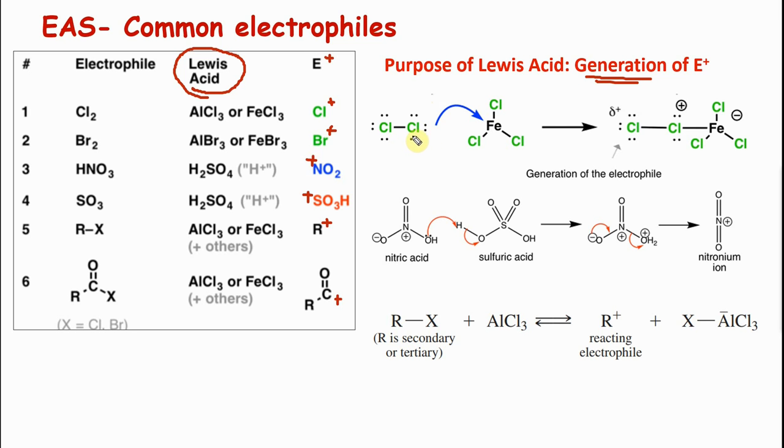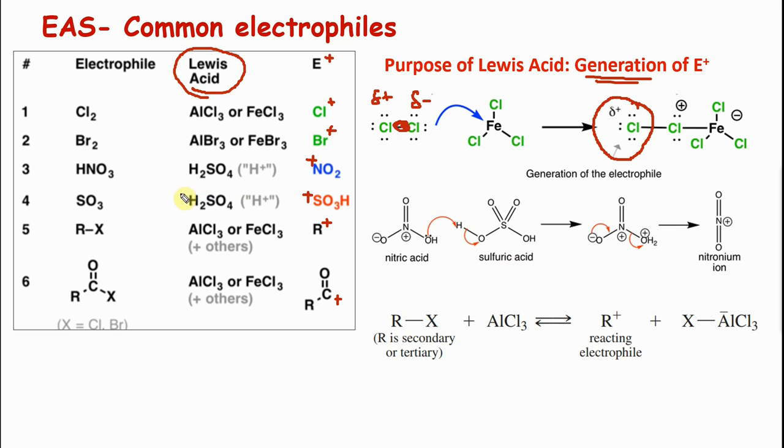This is a non-polar bond, since both are the same atom. But since this is a Lewis acid, it has fewer electrons, so it is pulling the electrons. If it pulls the electrons, there is a partial delta minus, delta plus here. The electrons, instead of being symmetrical, shift more towards this side. So delta plus. So I have generated an electrophile.